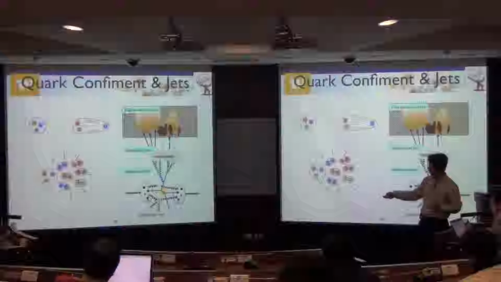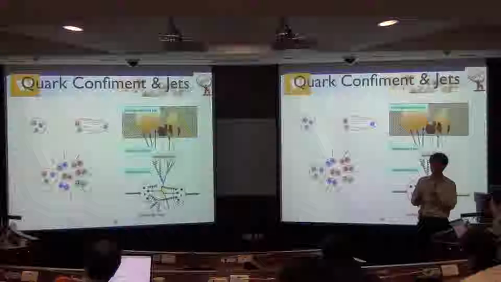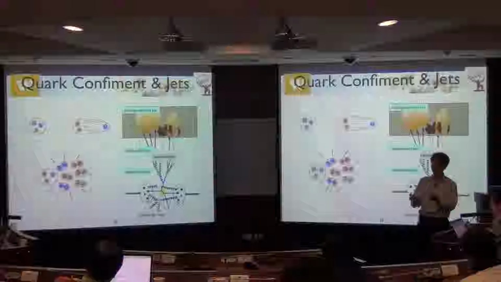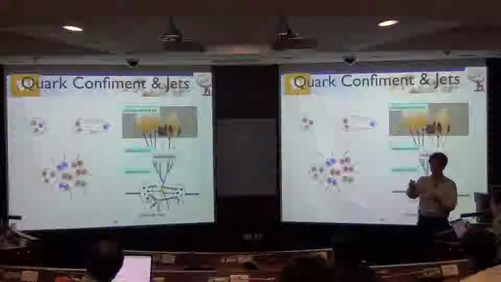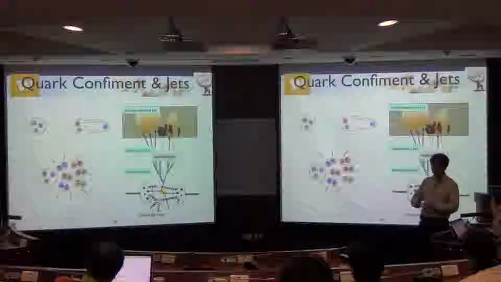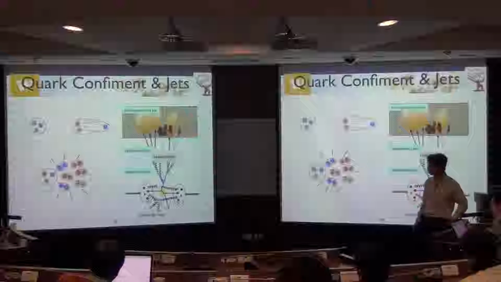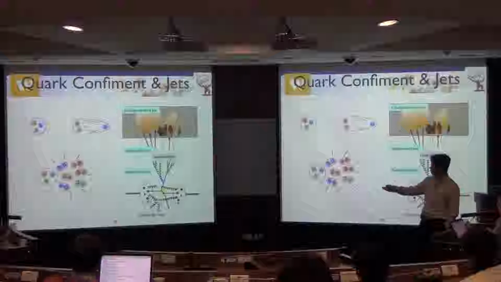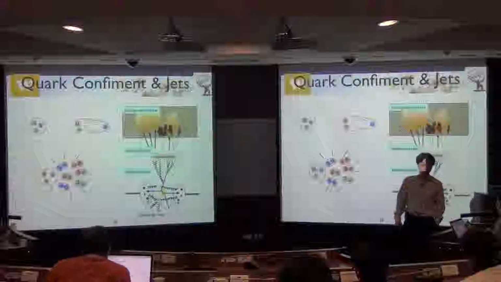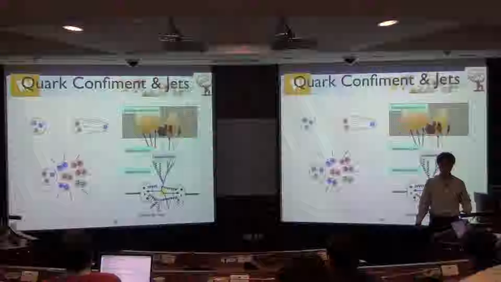All these processes are QCD processes, so they happen almost right away around the collision point. Then all these hadrons just fly a distance and reach your detector. So we have a detector called the hadron calorimeter.